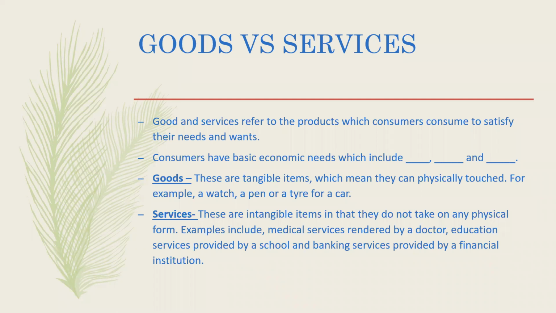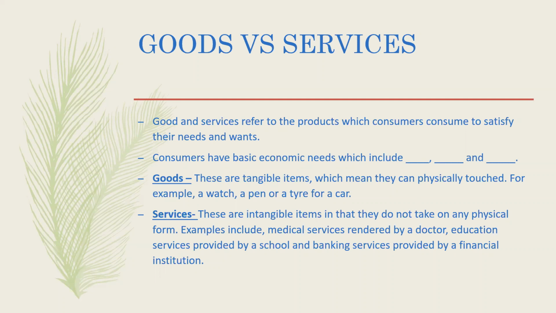Goods. We're going to look at the definition, which we looked at last night as well. Goods are tangible items, which means that they can physically be touched, for example, a watch, a pen, or a tire for a car.